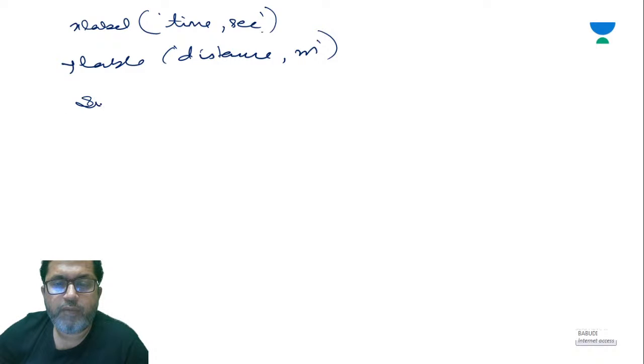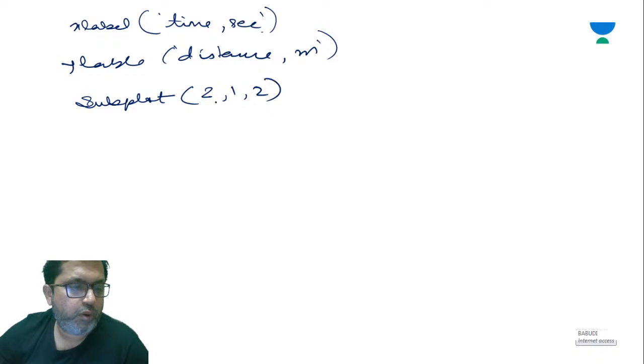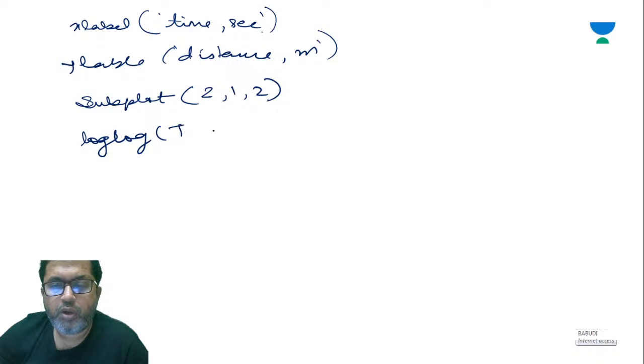Okay. Then we'll again plot another subplot 2 comma 1 comma 2. We'll plot a logarithmic plot, log t comma d.